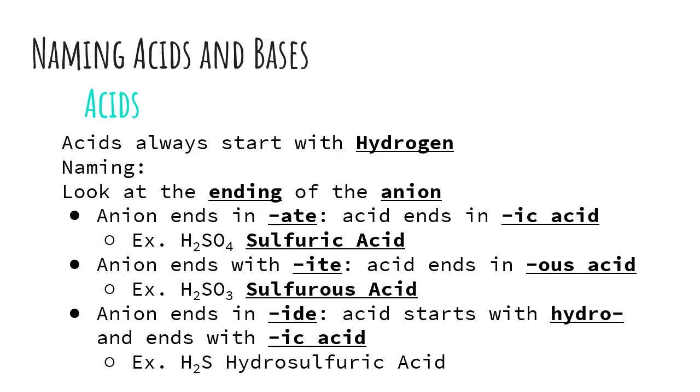So first of all, acids are always going to start with hydrogen. So if you see a compound and it starts with a hydrogen, so H and then something, that is an acid. Then how we name it is based on this something.